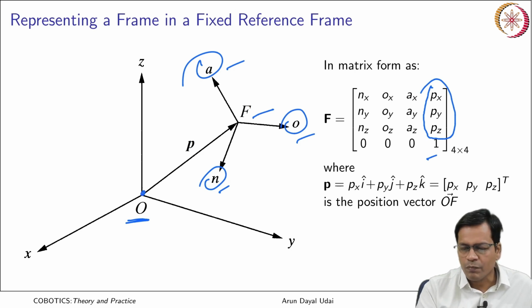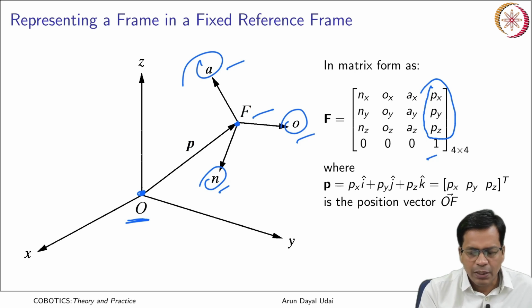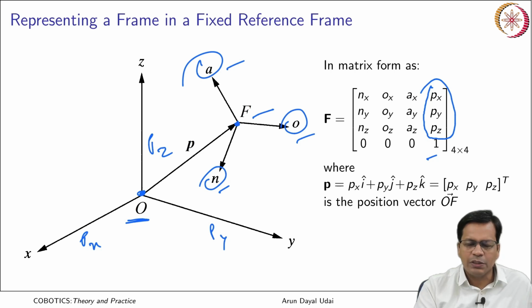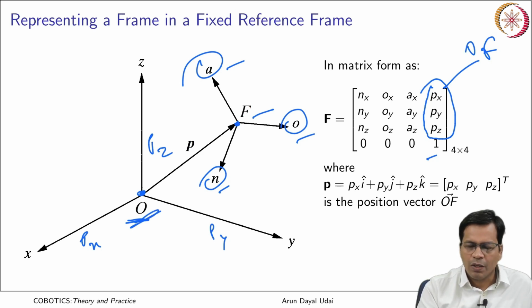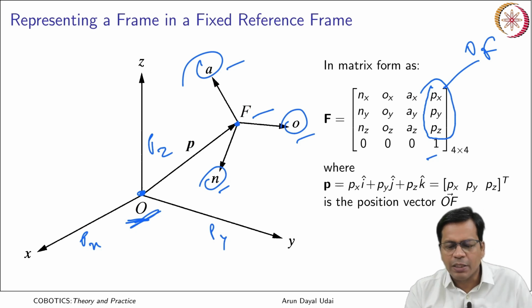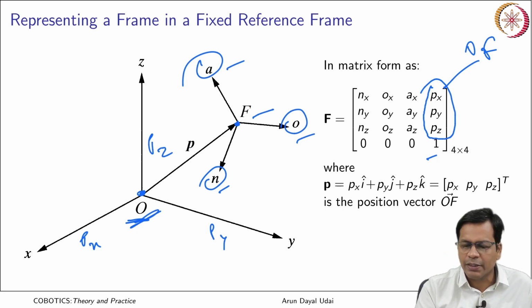So it is Px, Py, Pz. What is that? P is the position vector from O to F, it gives you the location of F. So P along x, P along y, P along z are the projections of P along x, y and z axes. That finally gives you the position of the frame with respect to origin O. So this is the complete representation of the frame in space, that tells you the orientation using these 3 columns and position using the last column.